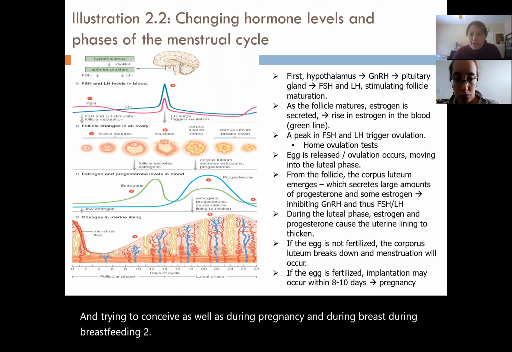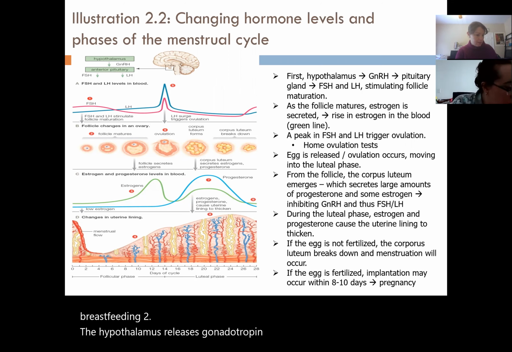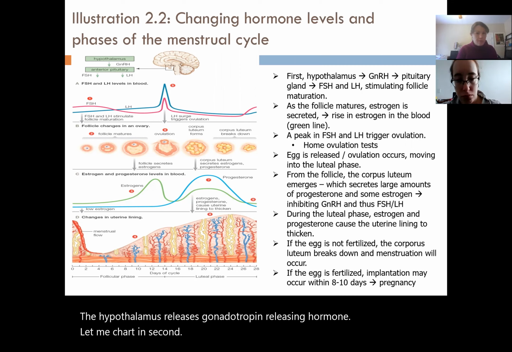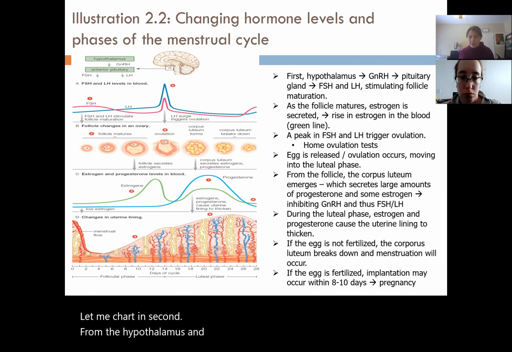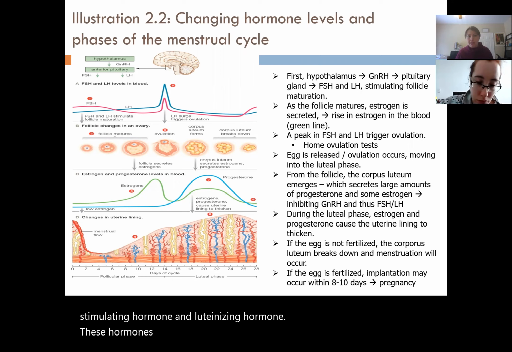The hypothalamus releases gonadotropin releasing hormone, and that stimulates the release of follicle stimulating hormone and luteinizing hormone. These hormones are responsible for stimulating the follicle maturation.